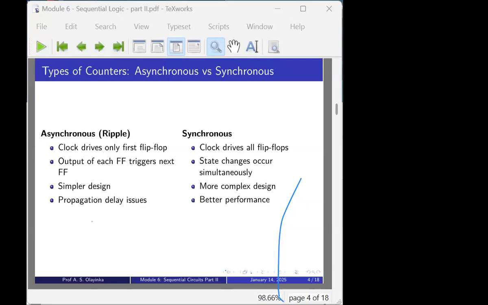It has a more complex design, but it comes with the advantage that it will offer better performance and give you more reliable counters compared to what you can achieve with the asynchronous type.